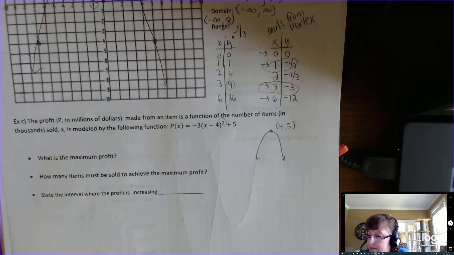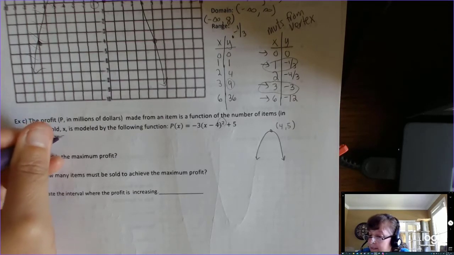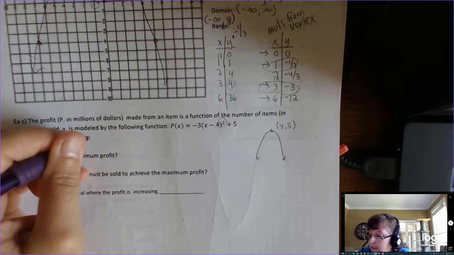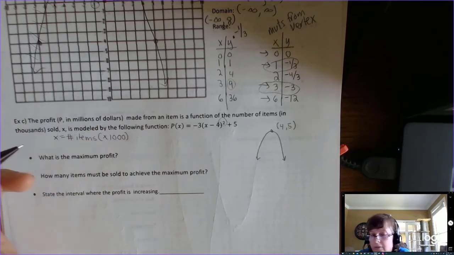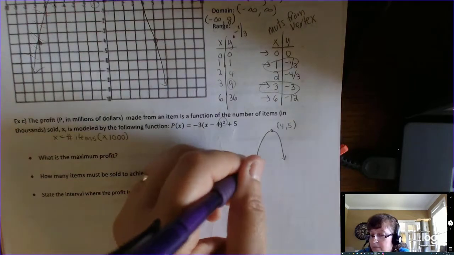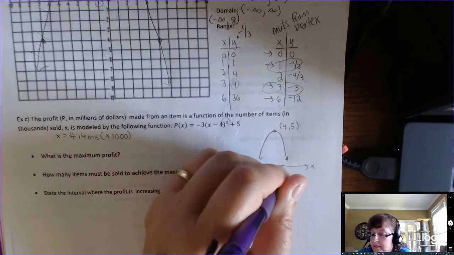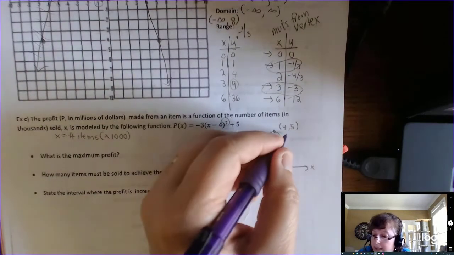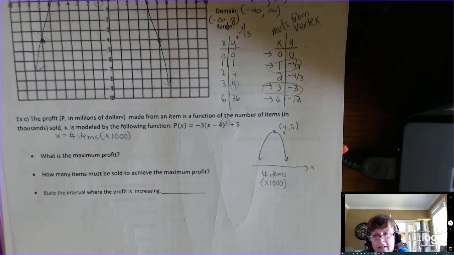If you want to be successful, write a Math English dictionary. Our input is x, and x stands for number of items in thousands. Just the fact that we're writing this down makes our brain settle down and think about this problem. So our x-axis is number of items in thousands. Our x-coordinate right here is number of items in thousands.